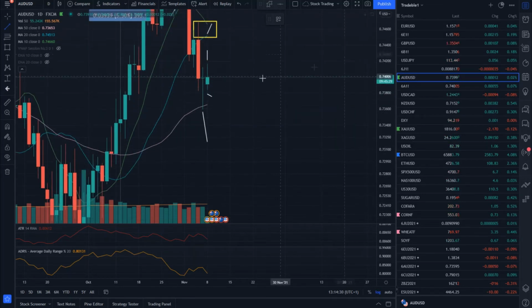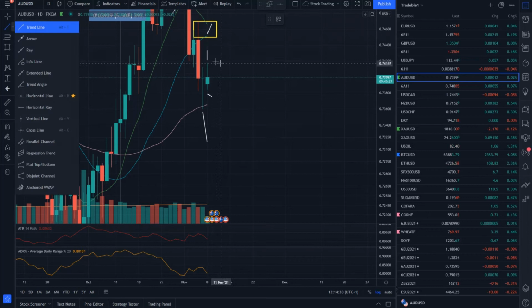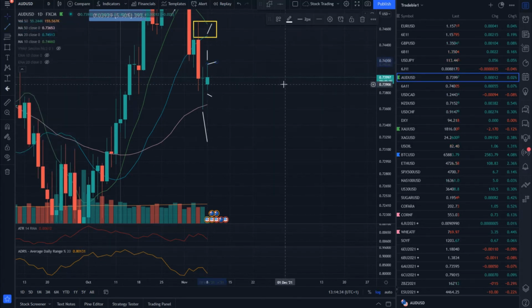We already got a higher high for the day. Right there, you will see we're already establishing a higher high, and the higher low is already in play so far. So my expectation is that there is more potential room for the upside, and probably for the price to go towards this area of supply, where we got a big supply zone around 0.7450 and 0.7465 in the next period.